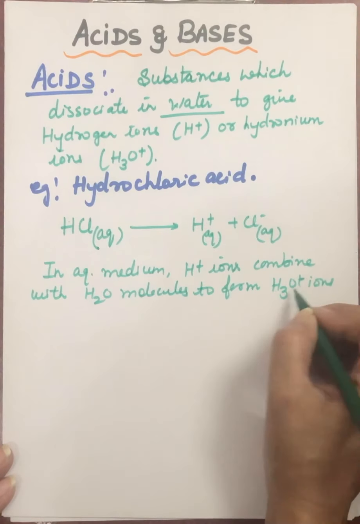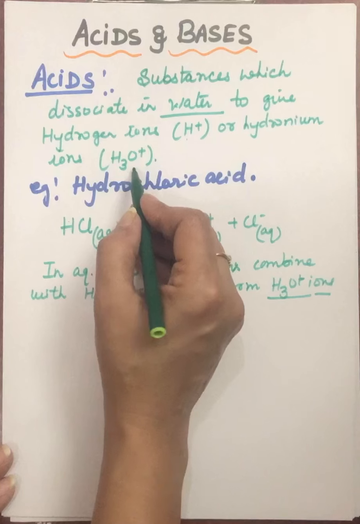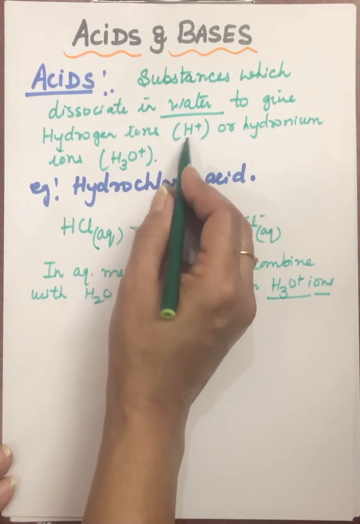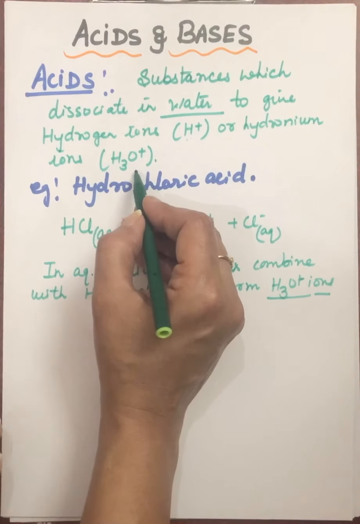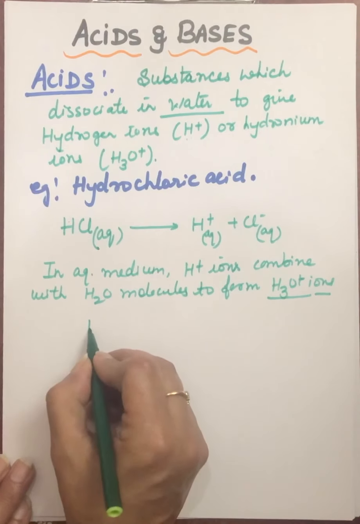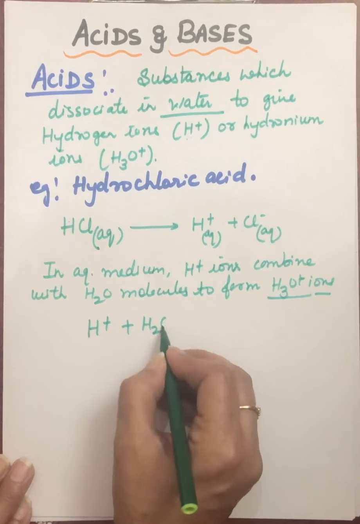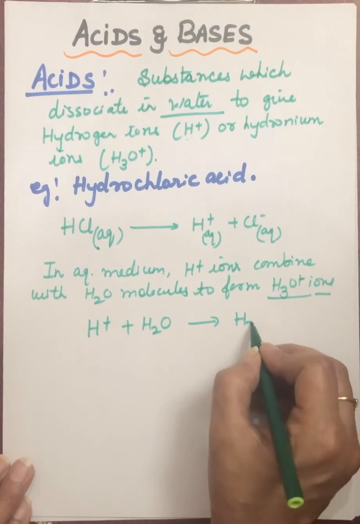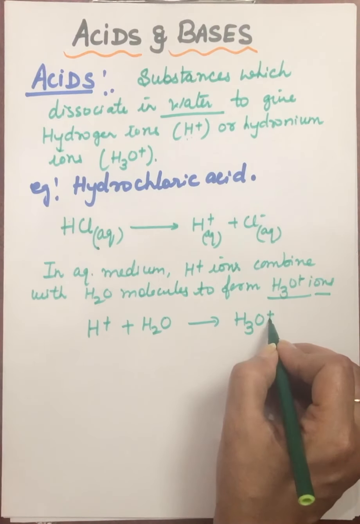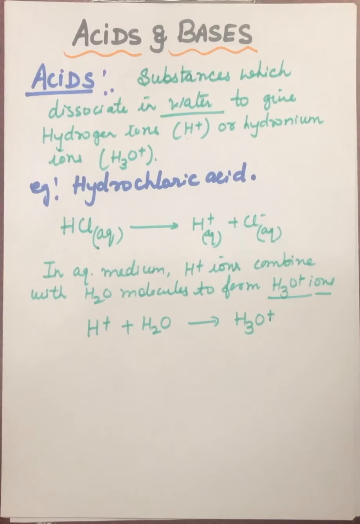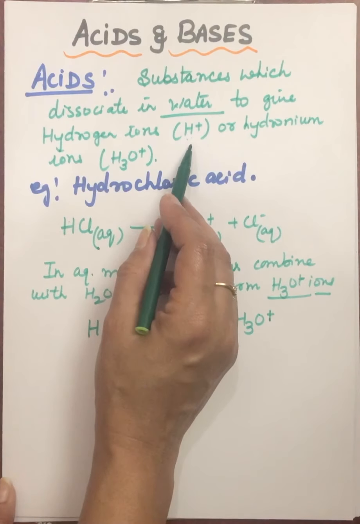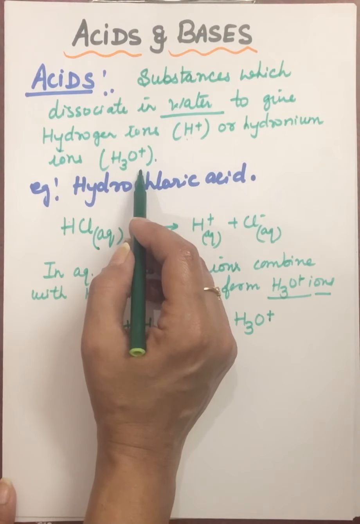So that is why we write H plus ions or hydronium, because H plus changes to the hydronium ion in water. So the substances which dissociate to give H plus ions or H3O plus ions are known as acids.